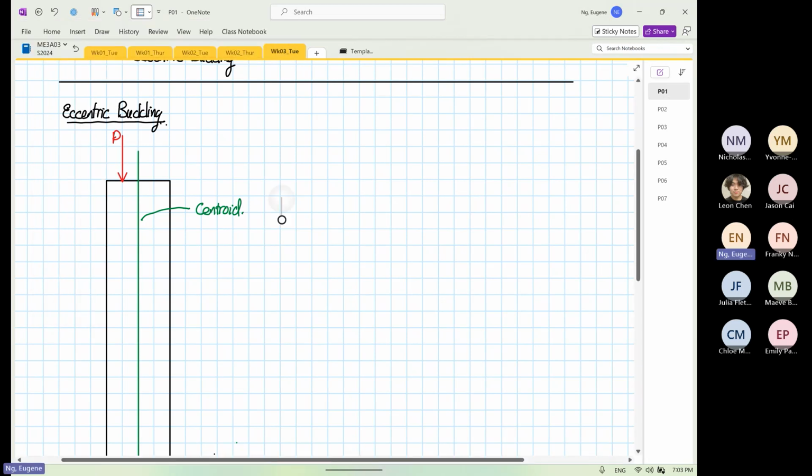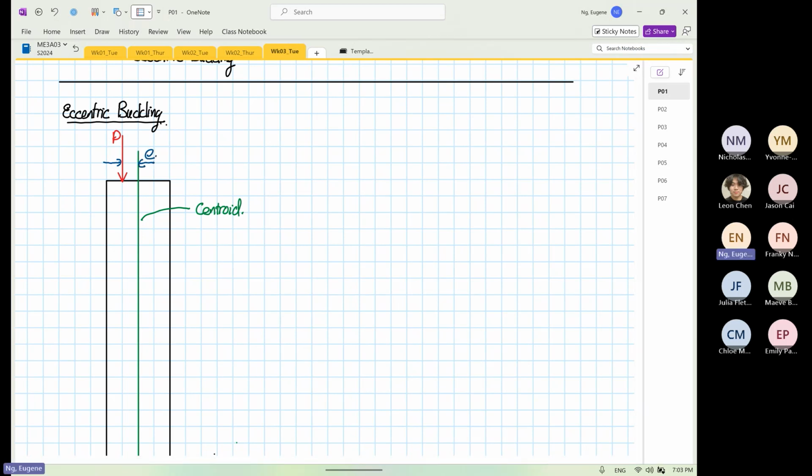This distance over here is what we call E. And the distance from the centroid to the extreme edge of the structure, we call C.